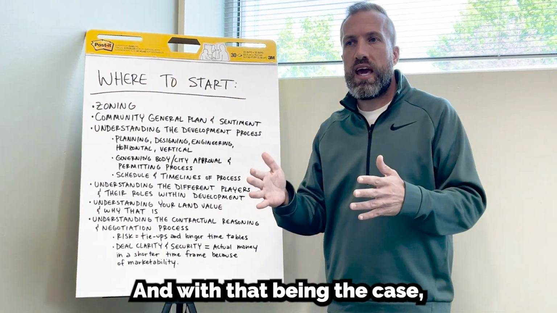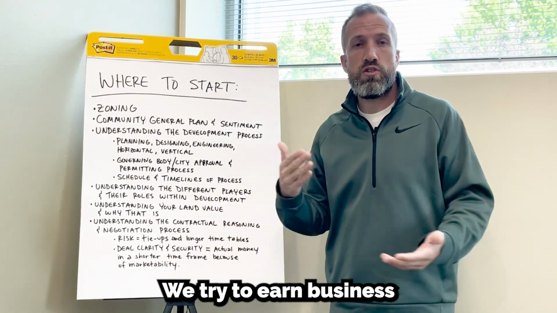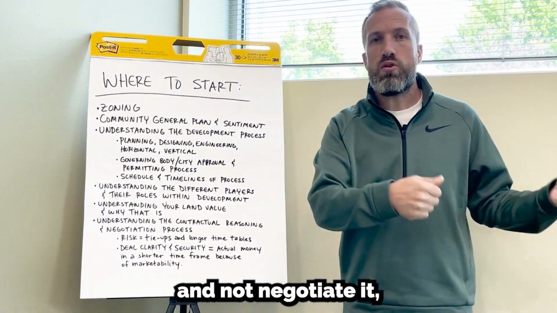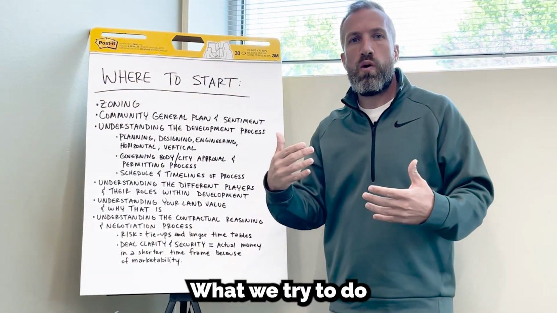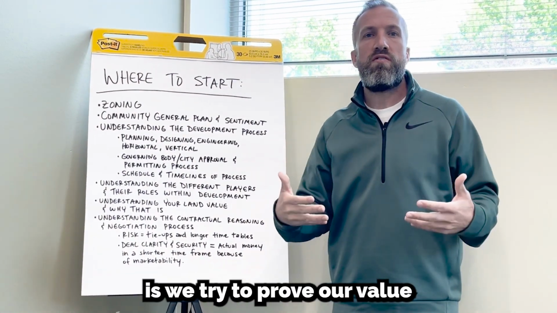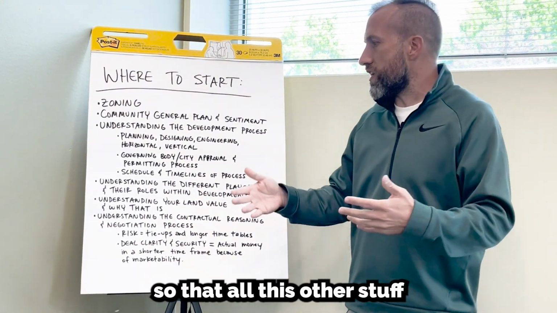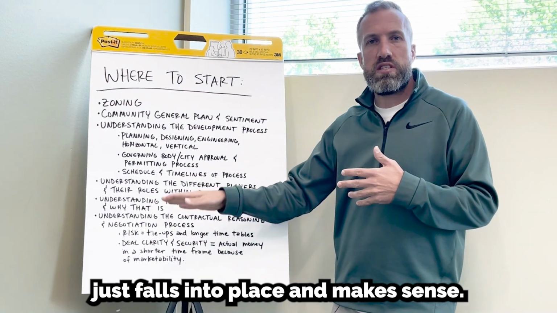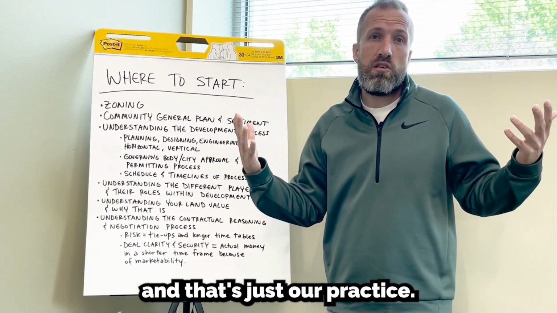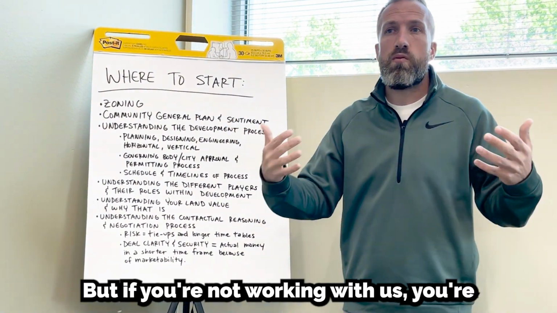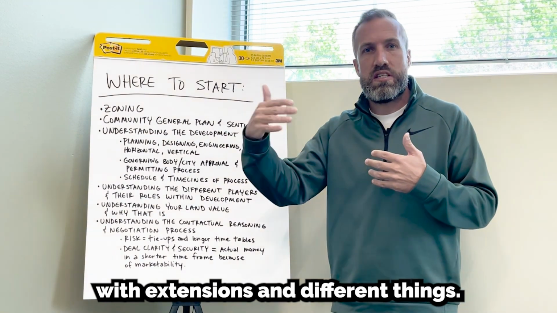And with that being the case, I don't like tie-ups. Personally, that's not our approach. We try to earn business and not negotiate it or contractually bind ourselves to the land. What we try to do is prove our value and what we're bringing to the landowner so that all this other stuff just falls into place and makes sense. It's way easier that way. And that's just our practice. But if you're not working with us, you're probably going to see a tie-up with extensions and different things.